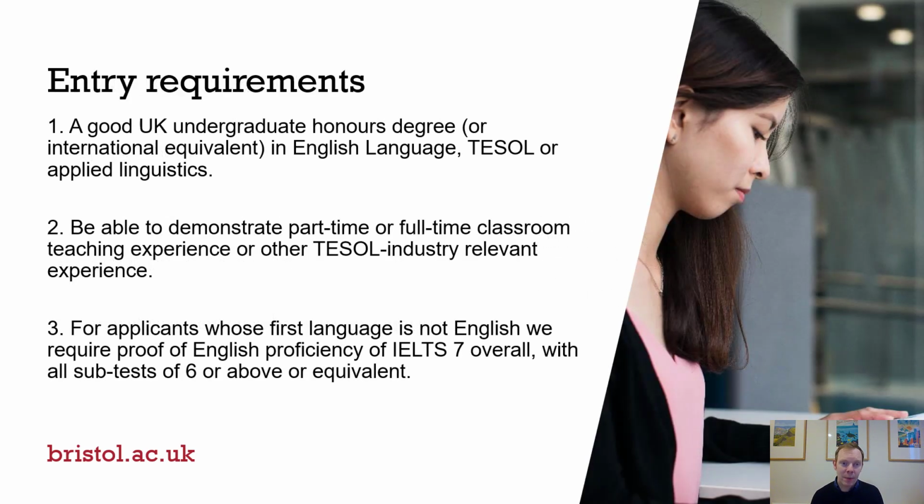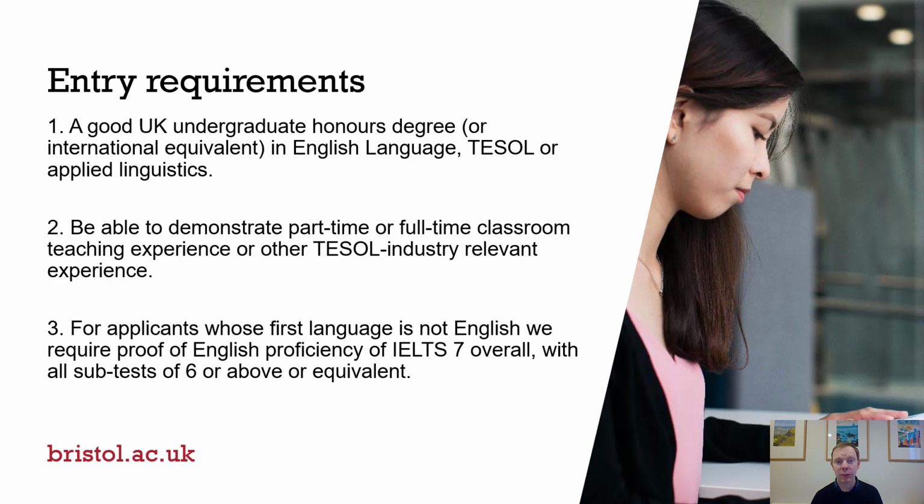Now, our programme is highly in demand, so we have a lot more applications than we can ever offer places to. There are strict language requirements, of course, and we supplement that with our academic language and literacy options. We're looking for a good undergraduate degree. Now, in the UK system, that would be a 2-1 or a distinction, or its international equivalent, of course.